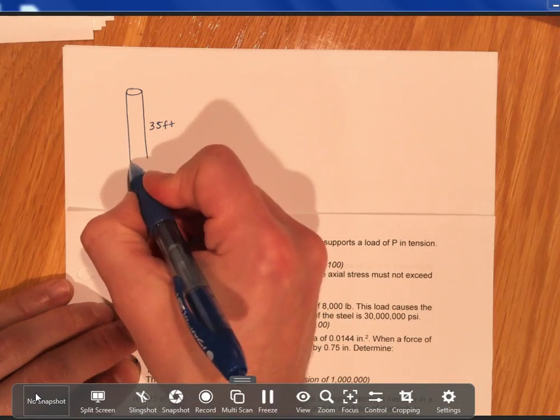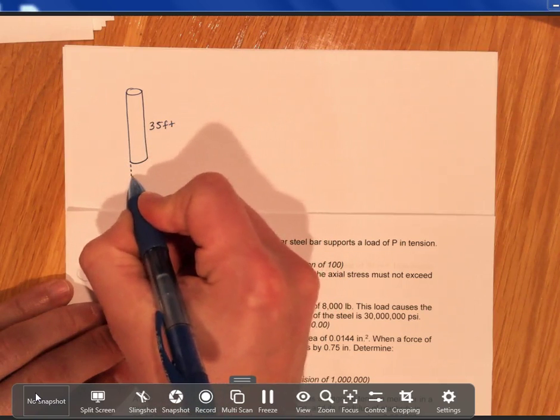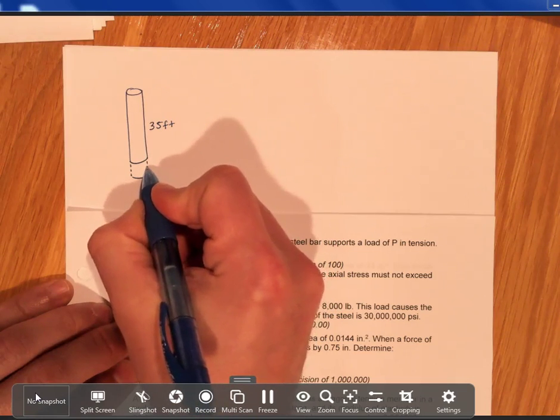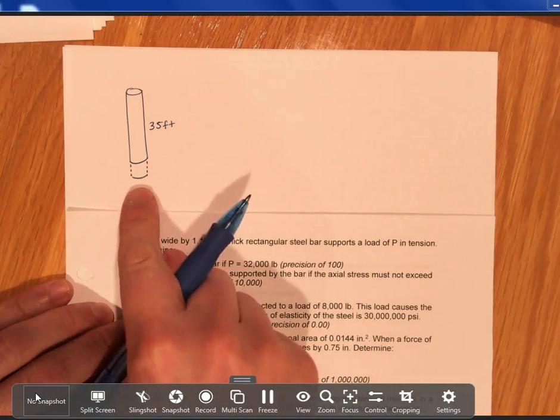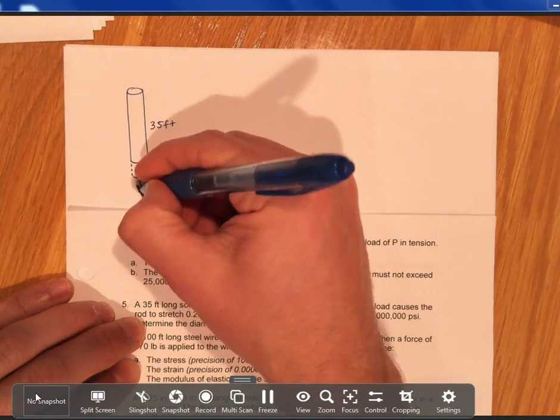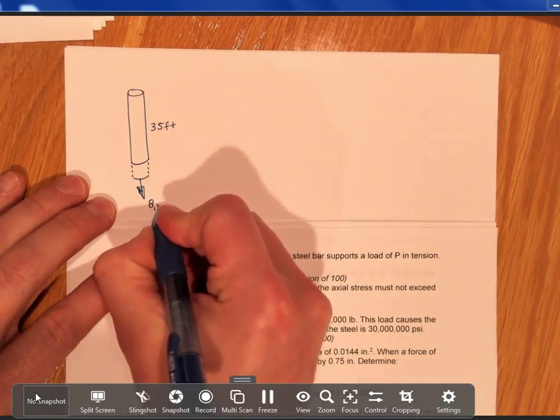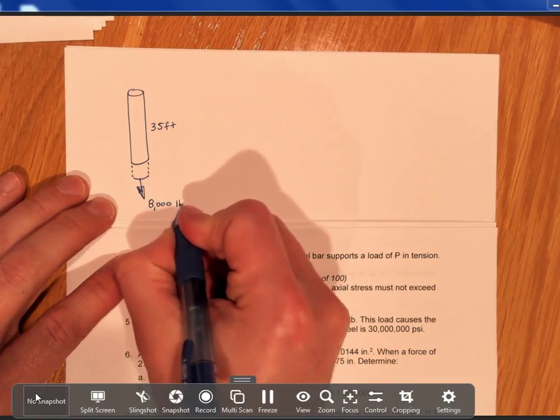And it's going to be subjected to a load. And as we subject it to a load, it's going to deform. So I'm just illustrating that it's been deformed, that we're getting some elongation. And the load is 8,000 pounds.